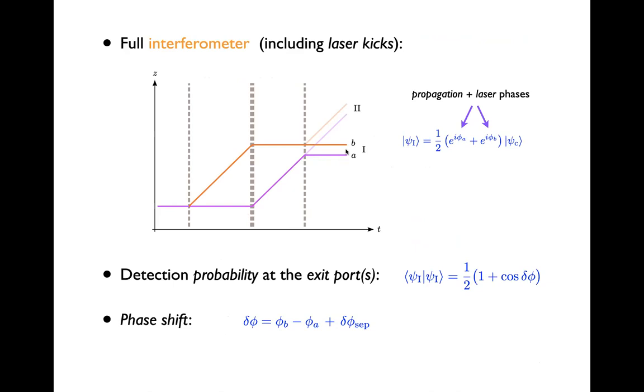This was just to illustrate that in general you can have some relative displacement between the interfering wave packets. In the standard Mach-Zehnder, one has the same times, so there would be no relative displacement. And then, as you said, it's completely symmetric.